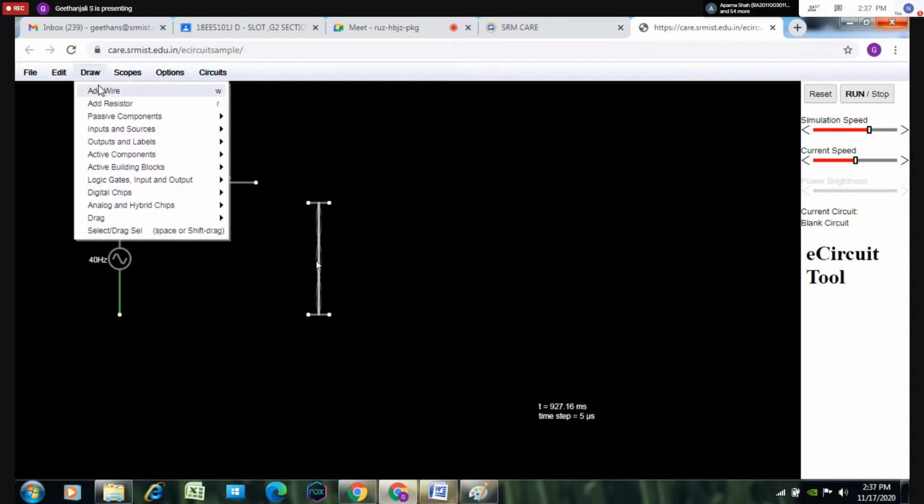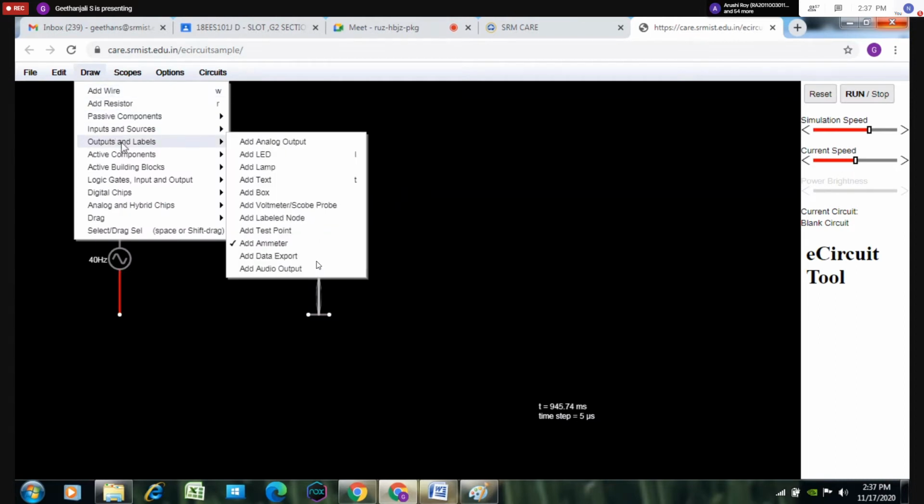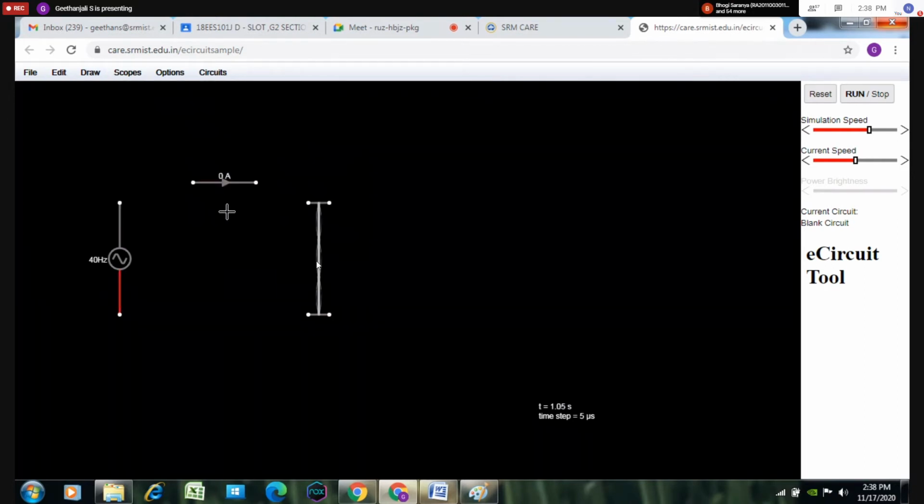Draw, outputs and labels. The ammeter and voltmeter are available under outputs and labels. Add voltmeter. Keep the voltmeter here. Then we will join afterwards. Then in the secondary side, what things are needed?